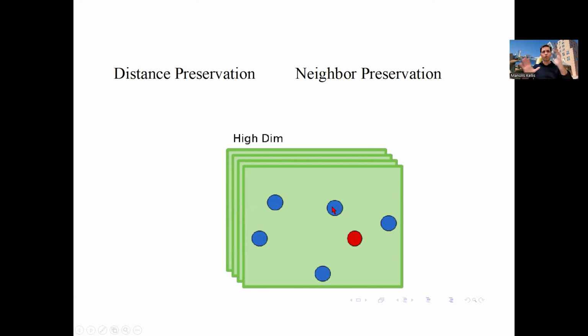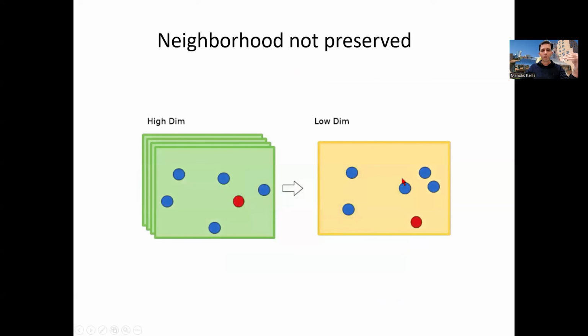Stochastically basically means that I'm going to adjust the parameters to map this high dimensional space into lower dimensional space progressively. So I have this very high dimensional space where the red point here is very close to these 3 blue points. And I want to find a nonlinear transformation from this high dimensional space that preserves the relationships, so that my closest 3 neighbors in this 1,000 dimensional space are the same as my three neighbors in the two-dimensional space.